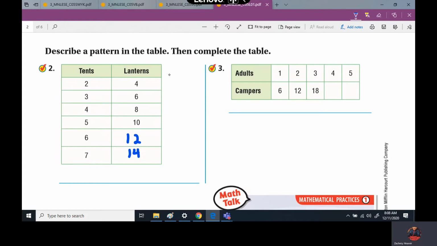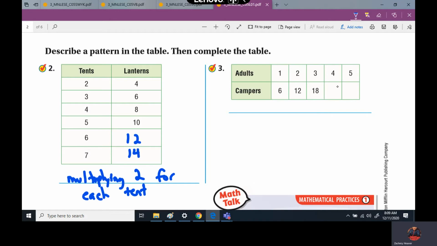So describe the pattern that completes the table. The pattern is multiplying by 2 for each ticket. So every number you see, you have to multiply by 2. 2 times 2 is 4. 3 times 2 is 6. 4 times 2 is 8. 1 adult, first 2 adults has 12. 3 has 18.